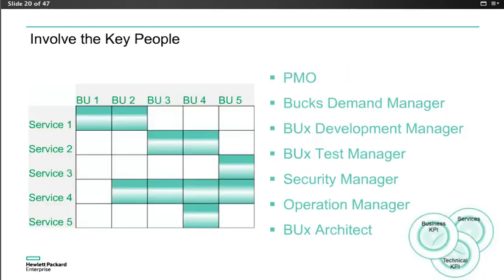Involve the key people. It sounds really simple, but as I mentioned, it's many times the big mistake that when you try to evolve your processes in IT, you are talking with the wrong people. Therefore, when you are done with selecting the right service, you can see in that graphical interpretation that, for example, you have selected service 2.